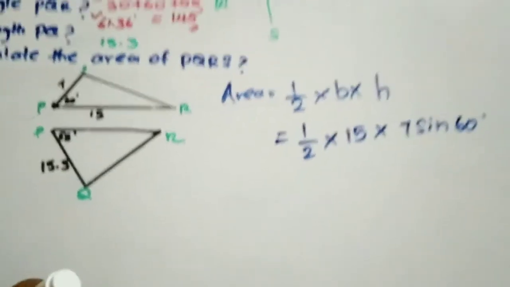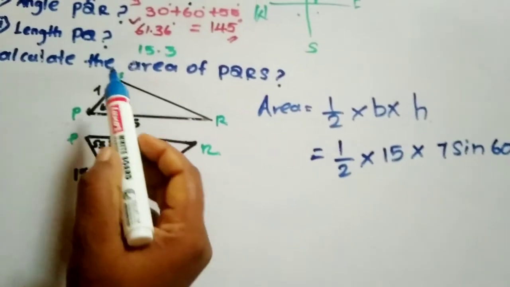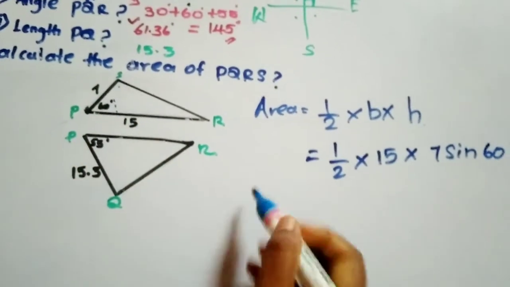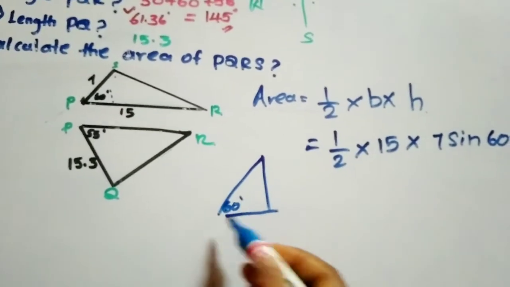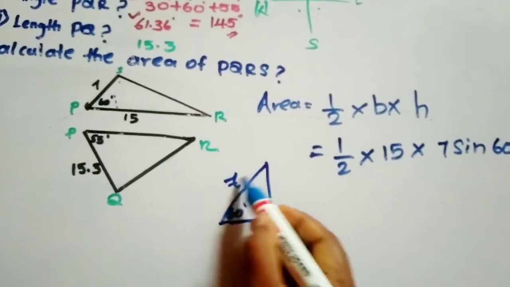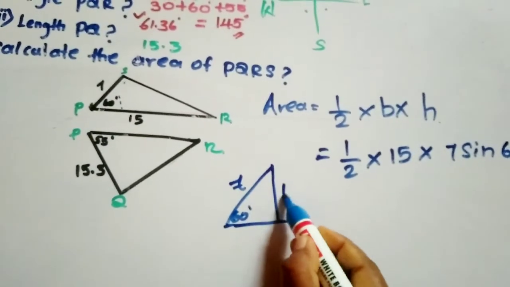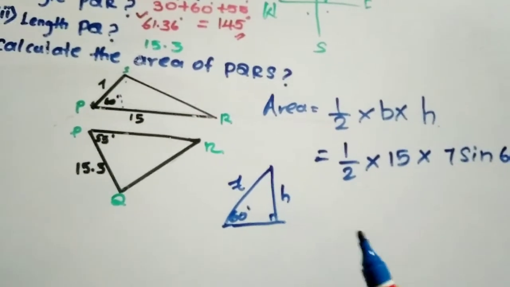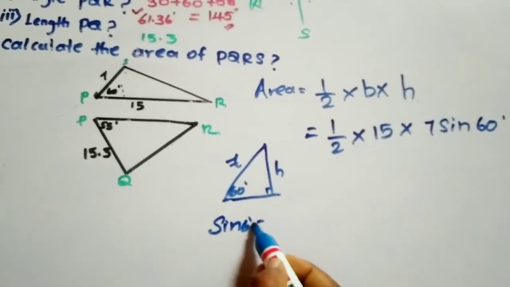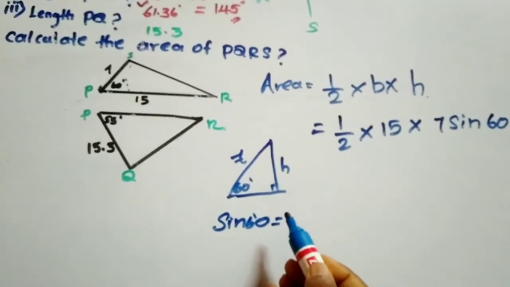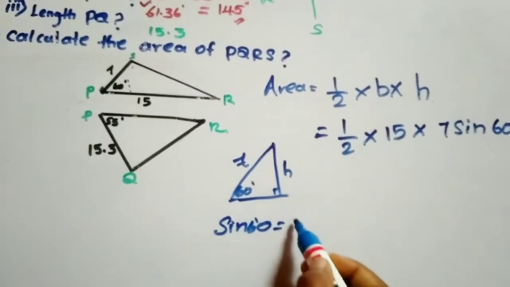Assume there's a perpendicular line at S. We'll draw the right angle triangle separately. In the triangle, the hypotenuse is 7 and the side opposite the 60 degrees is the height. Sine 60 is opposite over hypotenuse.